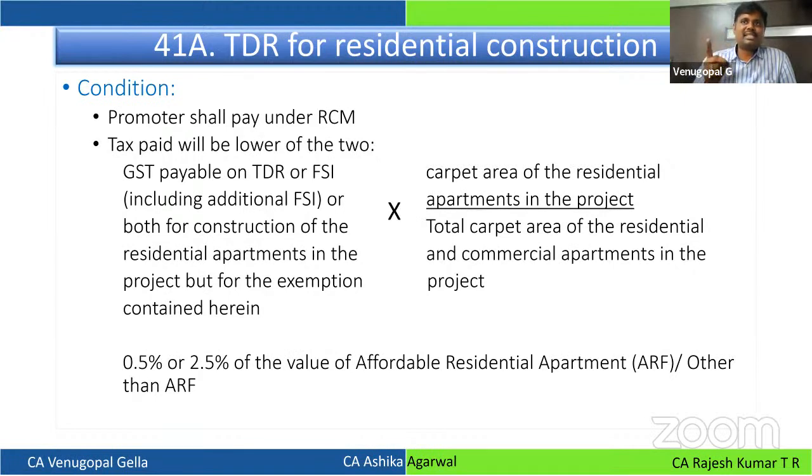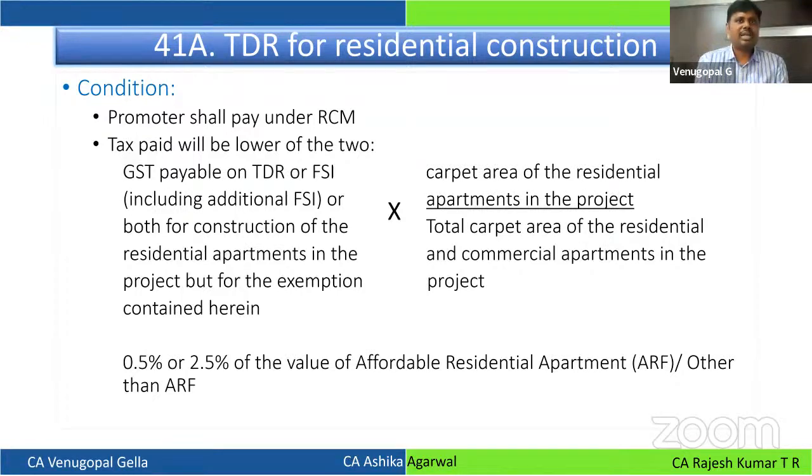How? Basis the carpet area of the residential units which have been sold and unsold as on the date of OC. So this is further restricted to whatever is the GST which is otherwise applicable on the unsold units, as if it had been sold, whatever be the tax liability.